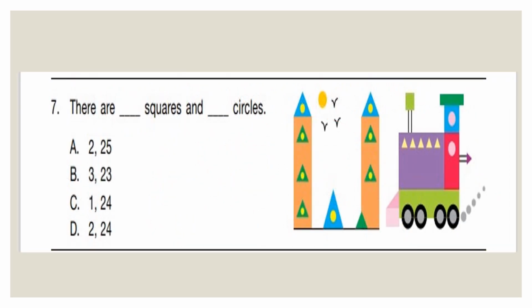Question number 7. There are how many squares and how many circles? First we count the squares in this picture. There are only two squares. One is here and one is here.